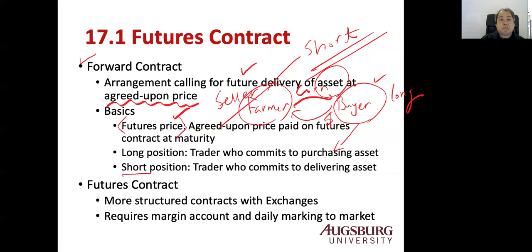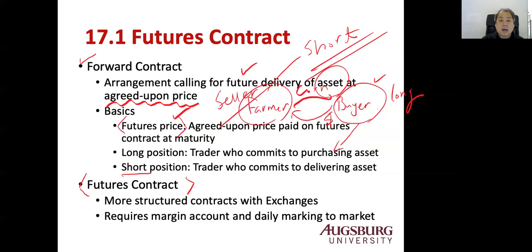So this is a bilateral OTC contract. Now, if we want to set up a kind of structure to trade these forwards, then we can trade the derivative security, the so-called futures contract. So a futures contract is a more structured contract with exchanges.